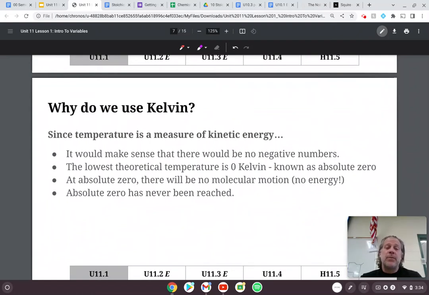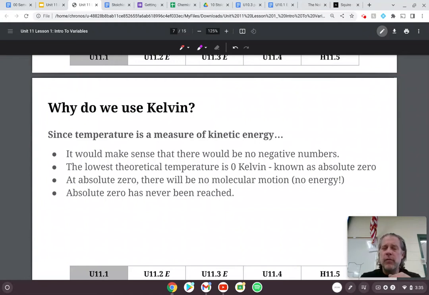But the issue is that if temperature is actually the measure of kinetic energy, that is how fast the particles are moving, it would make sense for us to not have a negative value, because if the particles, the atoms or the molecules, are slowing down but they're still moving, they wouldn't have a negative value.